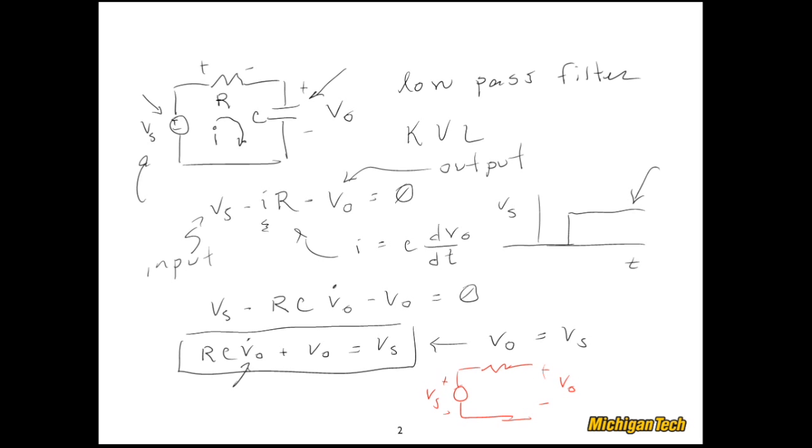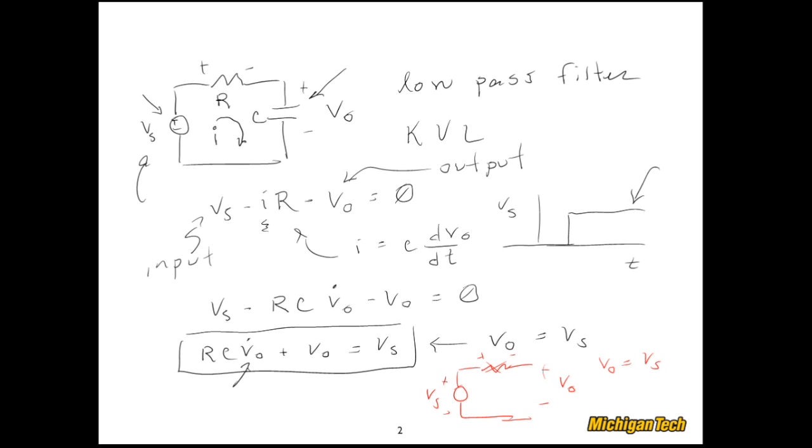So I would have the sum of Vs minus the voltage drop across the resistor. However, there's no current flowing through this because it's an open circuit. So there is no voltage drop across the resistor. So my V0 is just equal to Vs, which is exactly what we got from just looking at the differential equation and applying a steady state condition to it.